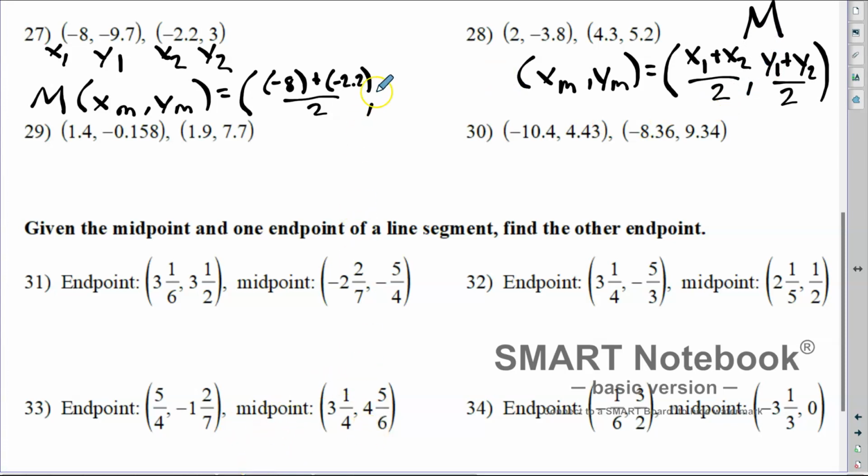Back to business. This is going to give me the x coordinate for my midpoint, and this is going to give me the y coordinate for my midpoint.